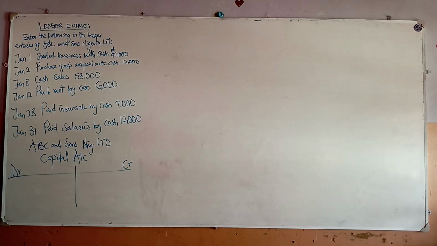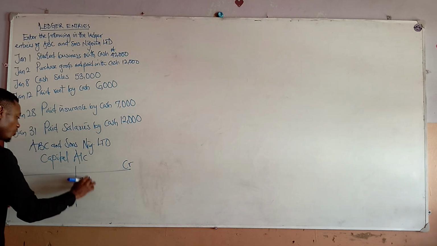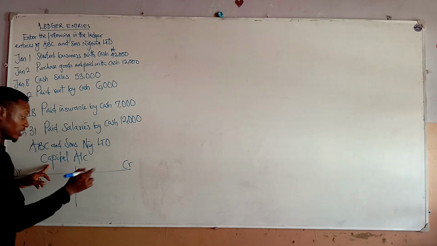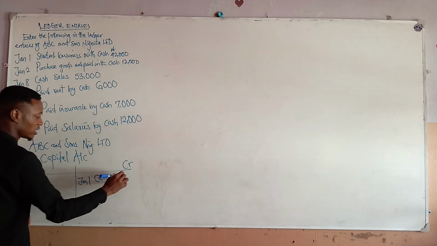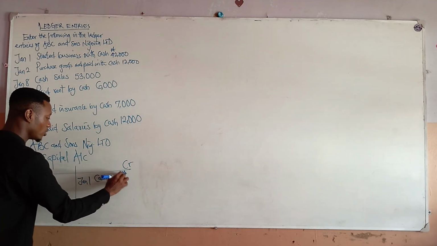Now, when we are starting business with capital, because the money is saved, it goes into the credit side. We have started business, our capital account, we have January 1st. The capital that was saved was in the form of cash, so we put down the cash particulars, and the amount that was saved is the money put in at the start.